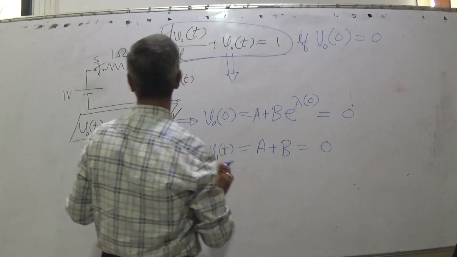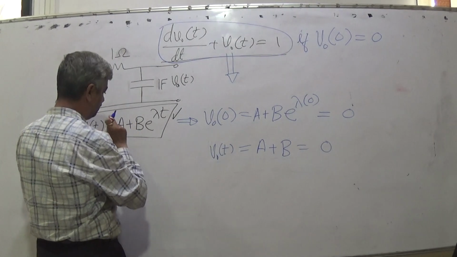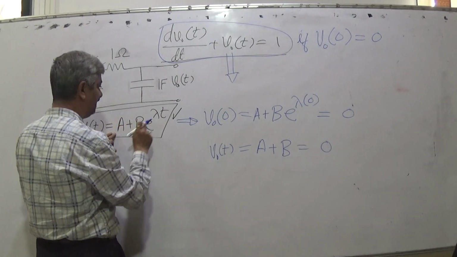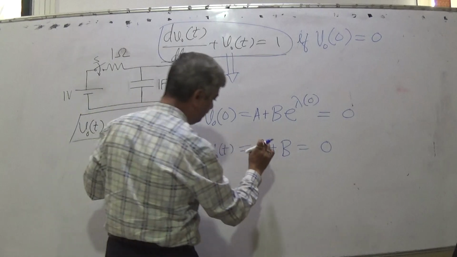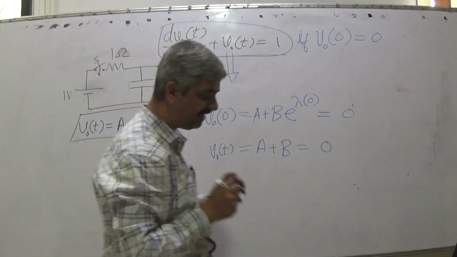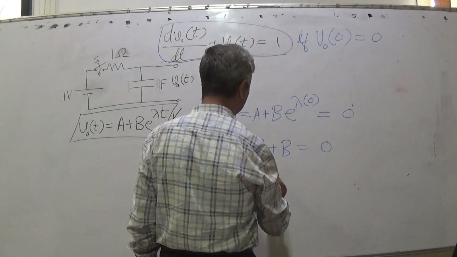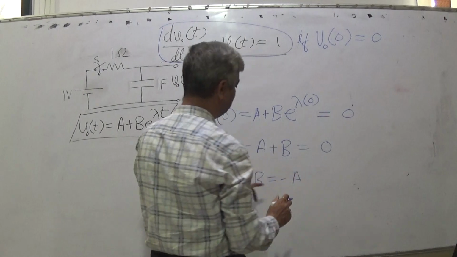Then there is no need for me to work with this longer expression which contains 3 variables A, B and lambda. Since the relationship between A and B is given to me, I will express B in terms of minus A, right?